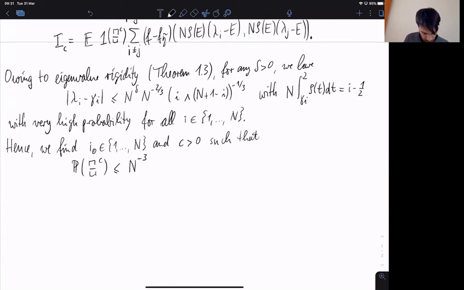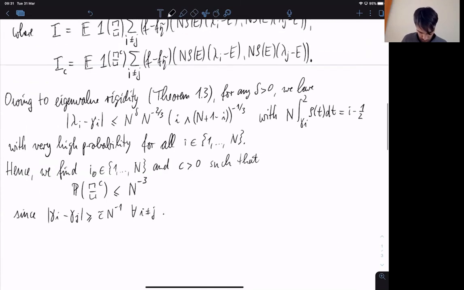And so we find such I0 and C. And here I used something else, namely that these quantiles gamma I and gamma J are bigger than maybe some C tilde n to the minus 1 apart if they are different, for all I and J.